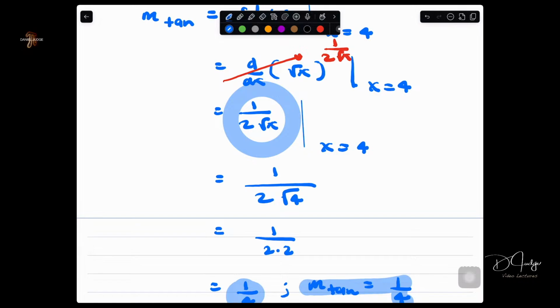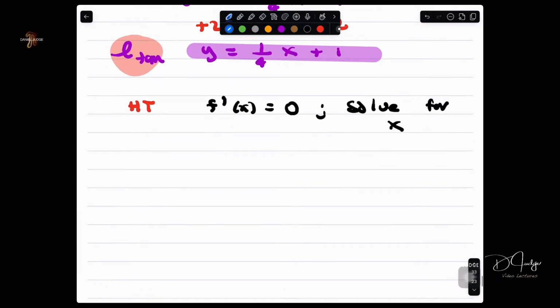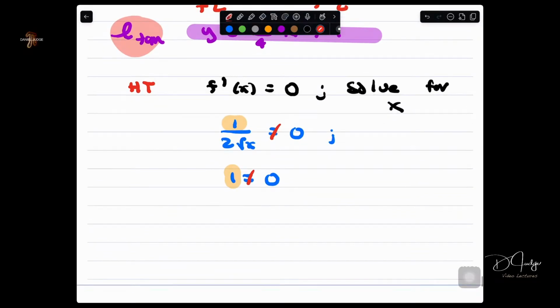So we're going to set this equal to 0. Now remember, whenever you have a rational function and it equals 0, what that means is your numerator must be 0. The only way a fraction is 0 is if the numerator is 0, because 0 divided by any number would be 0. Now, you notice this is a contradiction. 1 could never be 0. This is impossible. That means there are no horizontal tangents.